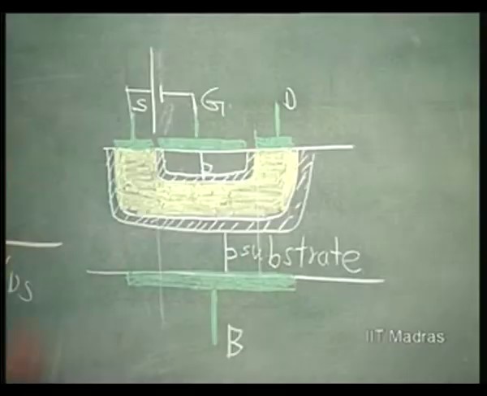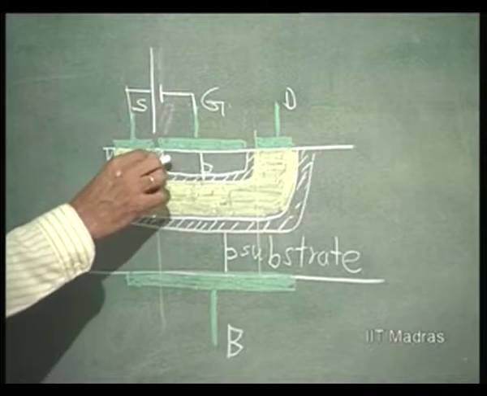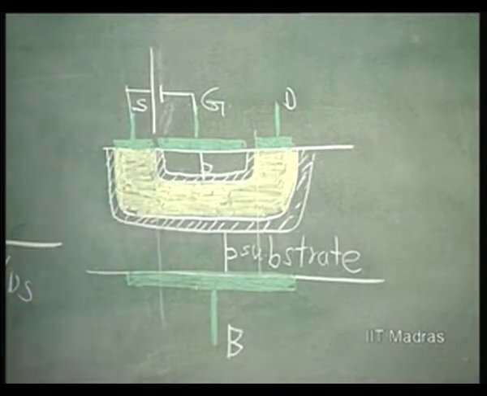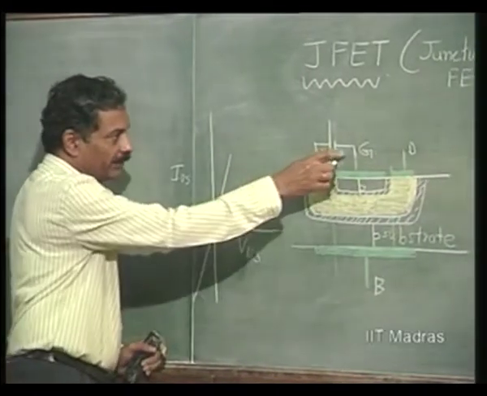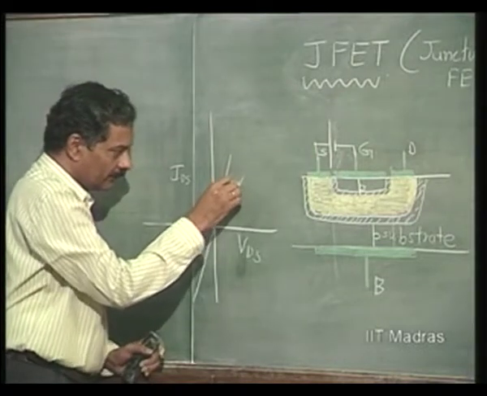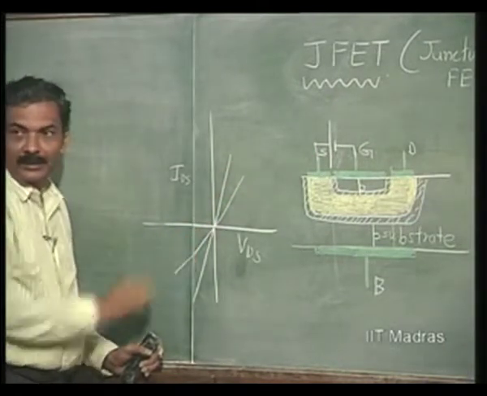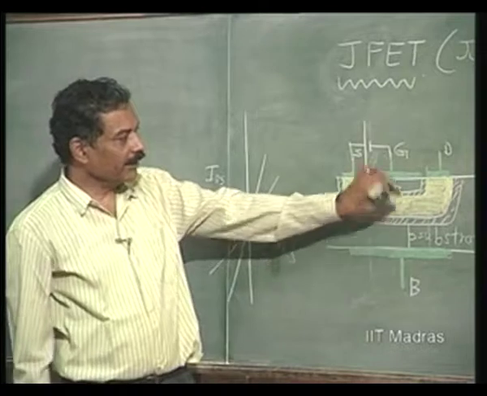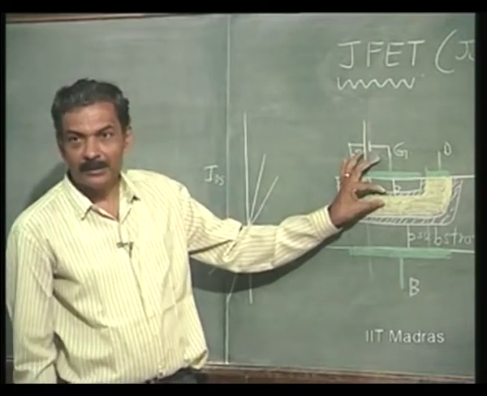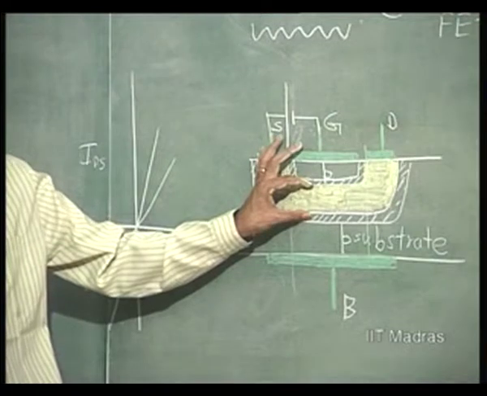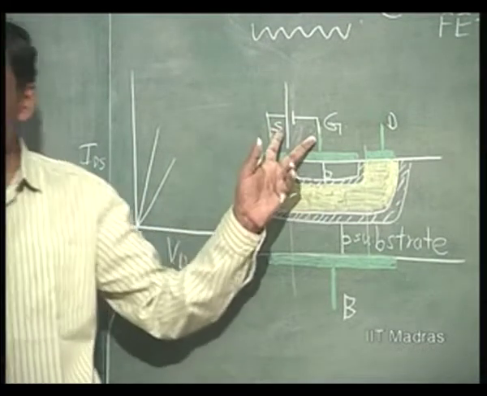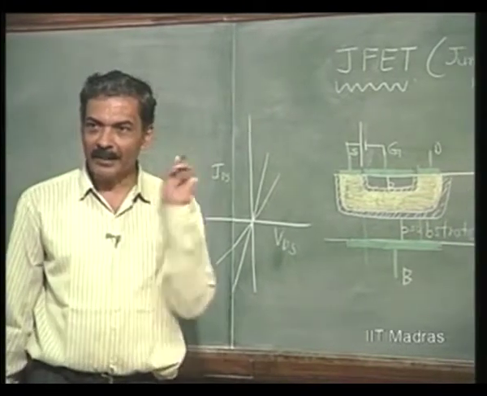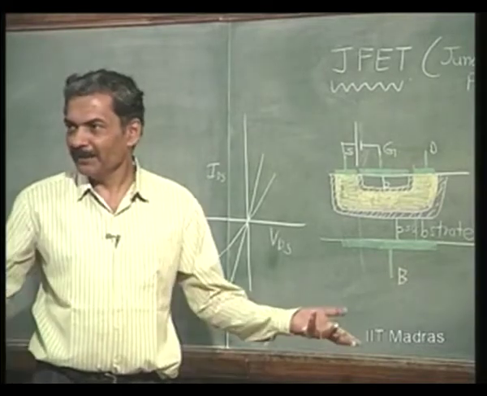So, this is the kind of voltage. If I apply more reverse bias voltage, that means this is made more negative, the depletion layer width will increase and the channel width will decrease. There is a specific voltage at which the depletion layer width will cover the entire channel, which we have already defined.